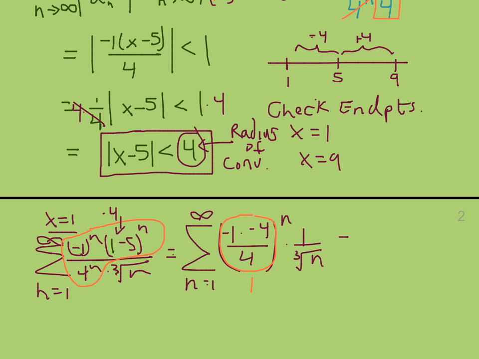And so what we have then, finally, is the sum n equals 1 to infinity of 1 over n to the 1/3 power. Convergent or divergent? It's a p-series with p equals 1/3. So divergent.